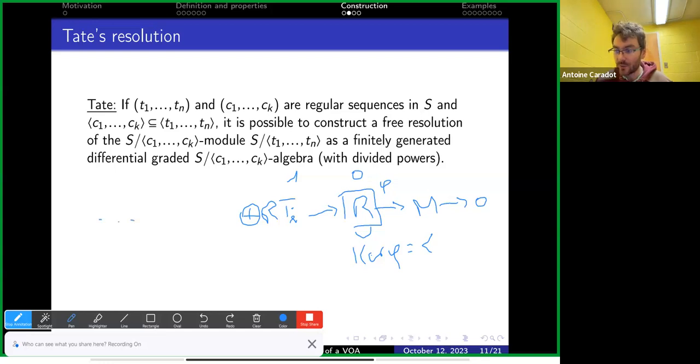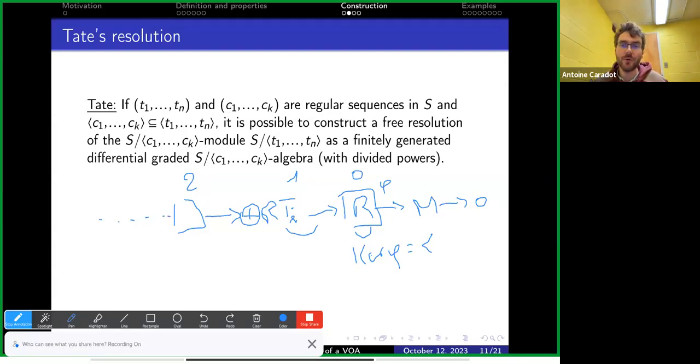This will also add terms here. And then you look at the kernel for this map here, and you will add parts of degree 2. So you will add generators that will be sent to the generators of the kernel here, and then it will make this map exact. And then you keep going.